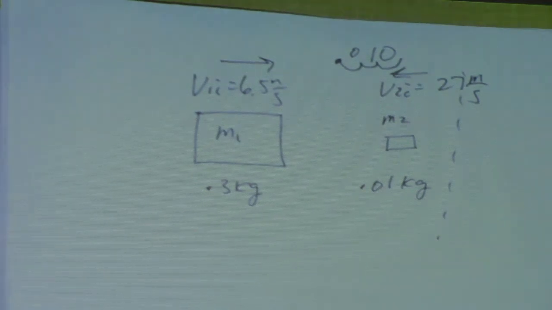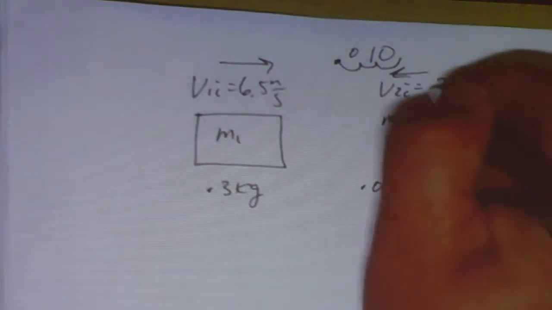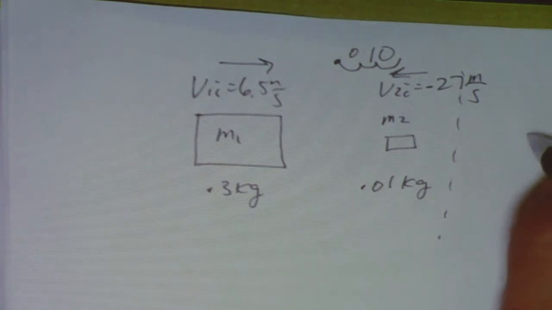Now what's wrong with me just writing 27 there? Should be negative, exactly, perfect. Because if I'm saying that this is the positive direction, this has to be the negative direction. Now that's before the collision.